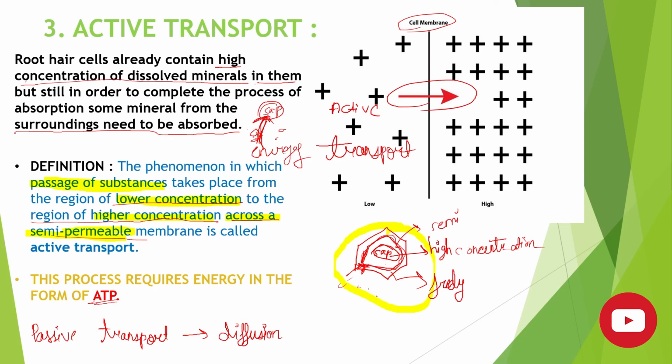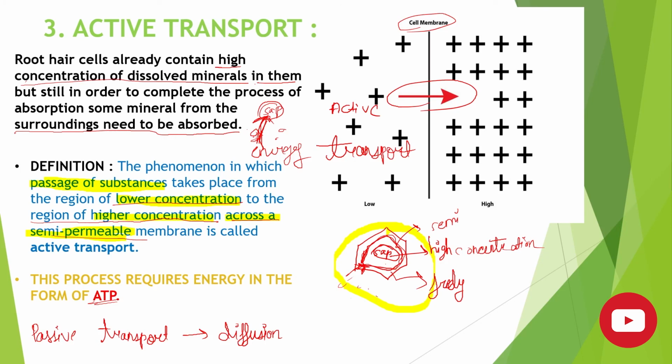So active transport is a slightly difficult type of process to understand. But all you need to understand is that it is done and it is important for the plant to complete its process of absorption. And that is why active transport is performed in plants. It is just an out of the box process. If you have difficulty remembering it, you can simply remember it with the help of diffusion.